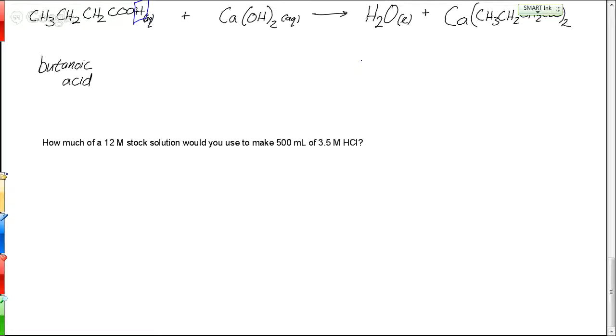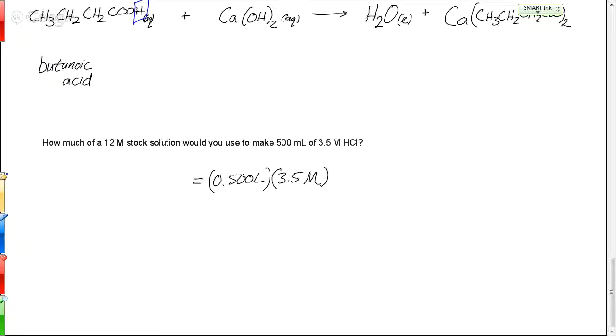So in that case, you could set up an equation where your second two are the solution you want, the solution at the end that you're making. So that's going to be 0.5 liters. That's your V2, and your second concentration is 3.5 molar.